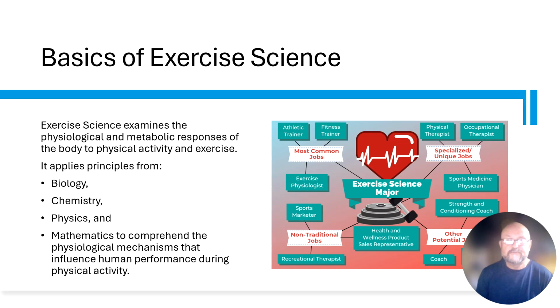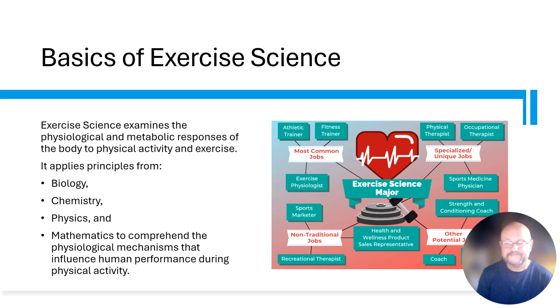The field has numerous practical applications, and so someone trained in exercise science is able to create exercise programs, not just for themselves or other individuals, but also for athletes. Someone with exercise science knowledge will be able to better help someone prevent and manage chronic disease, and also those who are in rehabilitation from injury or chronic disease to improve their overall quality of life.